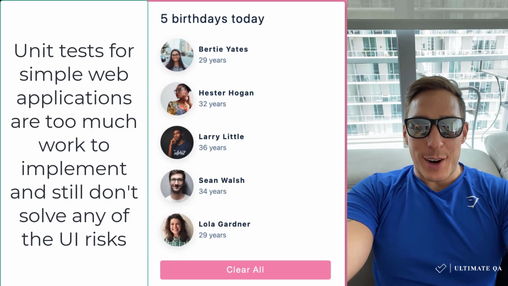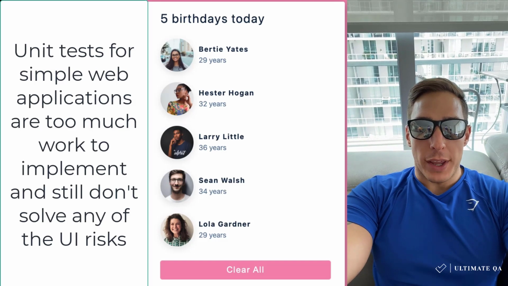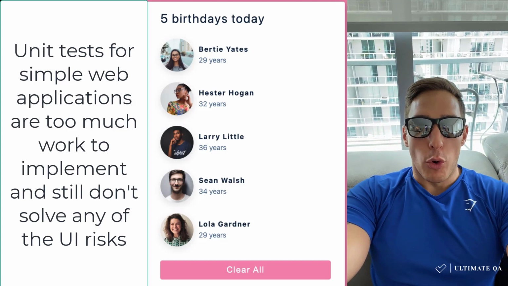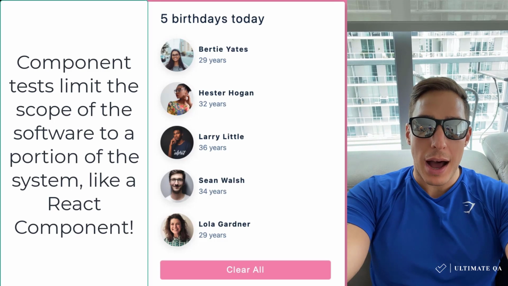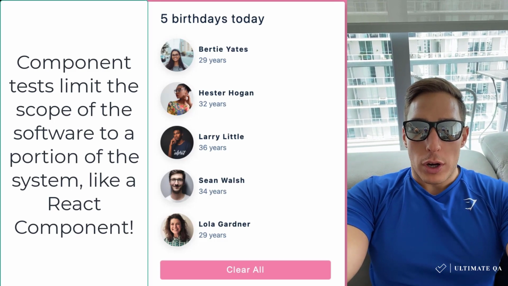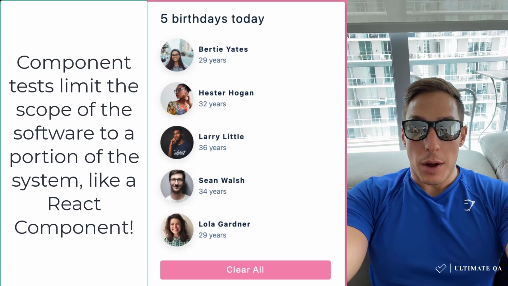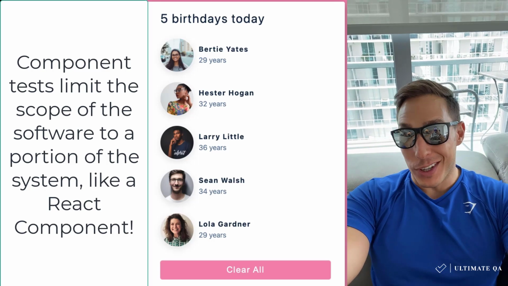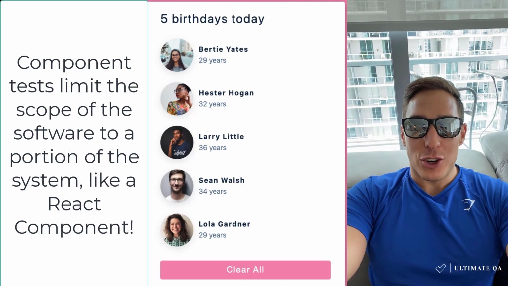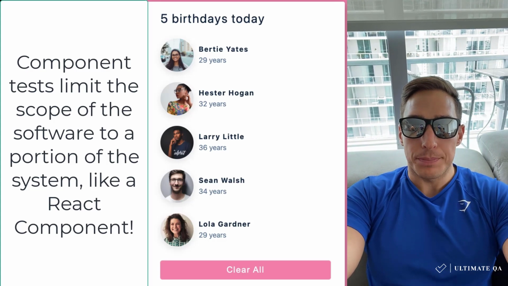What's likely better and more applicable for web applications, especially in React, are component tests. Component tests are a level higher. They ensure that the look and functionality work together, that the component that we created, such as the list component, is functioning correctly, tied to all of the backend code.